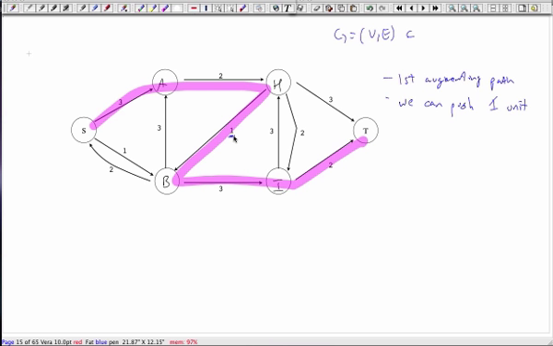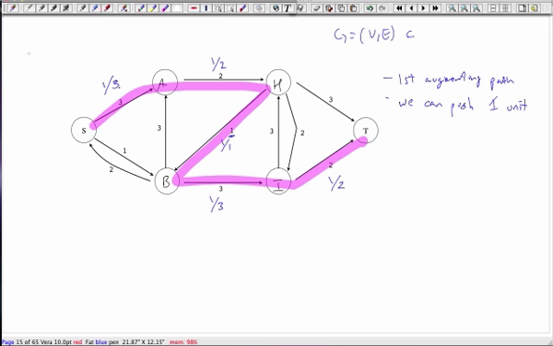Since we're pushing one unit of flow, we're going to say, okay, right here, this edge will change to, we're pushing 1, and the capacity is 3. We're pushing 1, and the capacity is 2. We're pushing 1, and the capacity is 1. And now we're going to add our residual edges. We'll add the residual edges in blue.